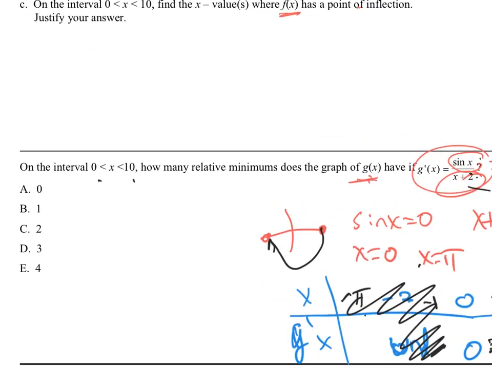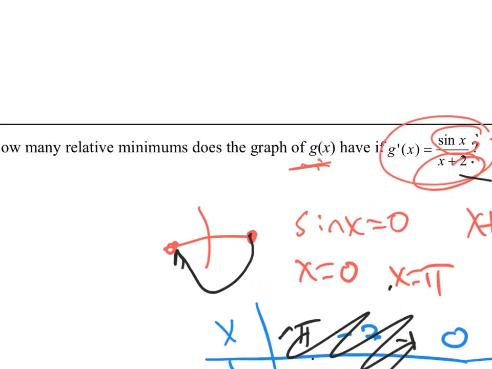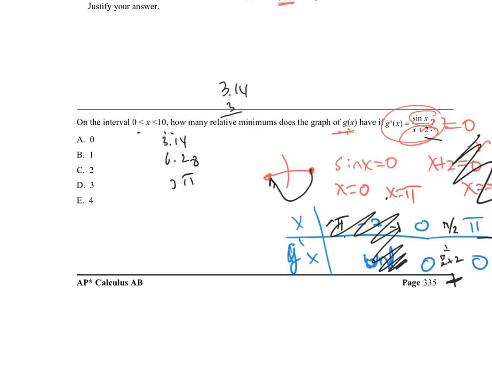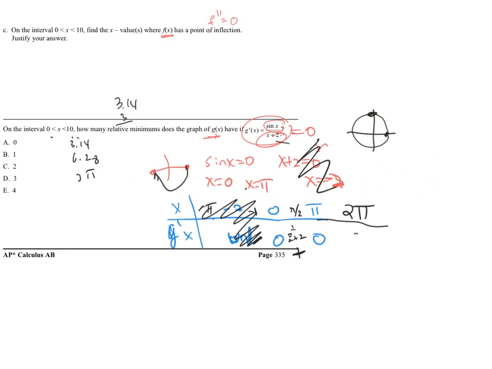I think the problem has an error in it because if we're going all the way to 10, going to pi is 3.14. Going to 2 pi is 6.28. Going to 3 pi, let's see, 3 times 3, that's still 9 something. So we're going to 3 pi. And the problem is in trig, we only talk about going 1 repetition.